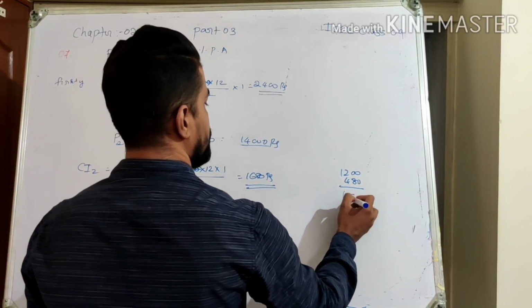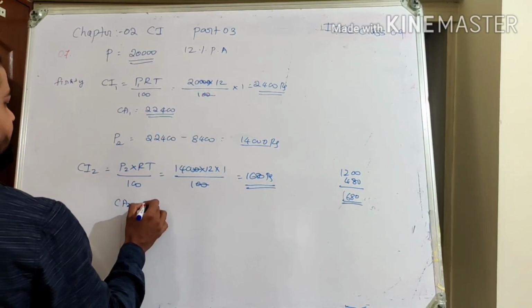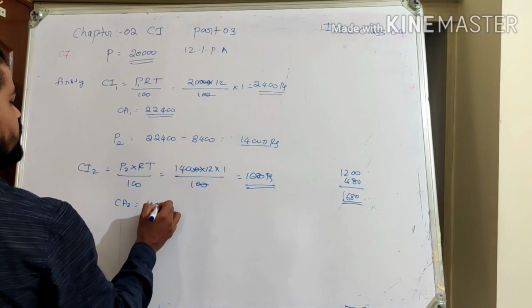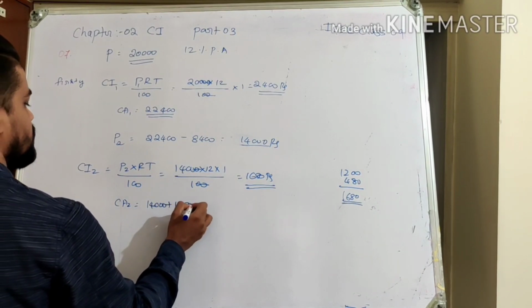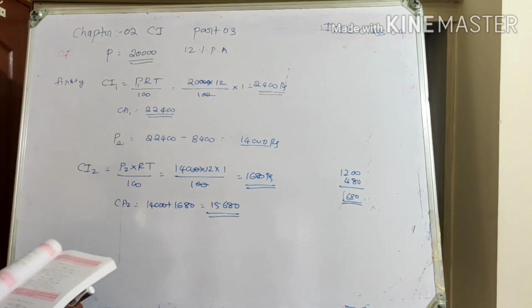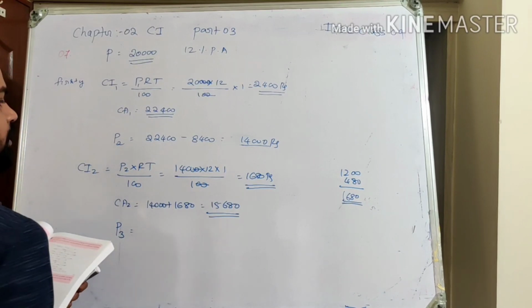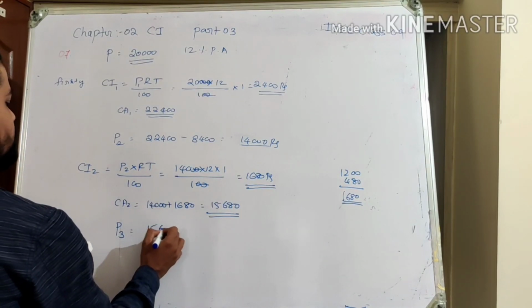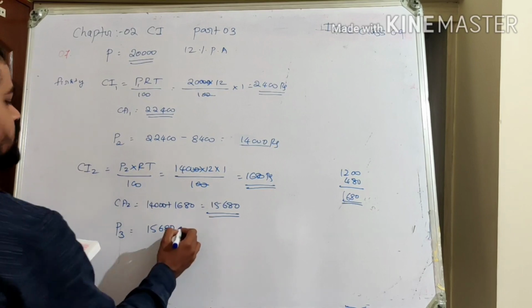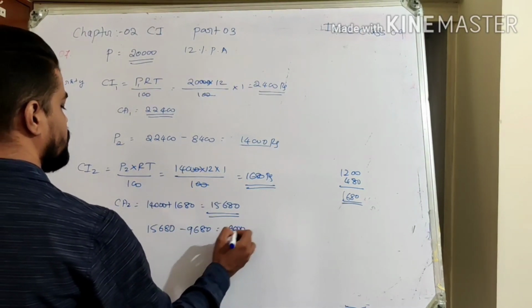So compound amount at the end of the second year will be 14,000 plus 1,680, which is 15,680. But he paid how much at the end of the second year? He paid 9,680. So principal will be 15,680 minus 9,680, which will give you 6,000.